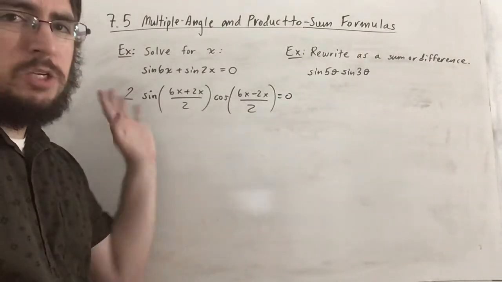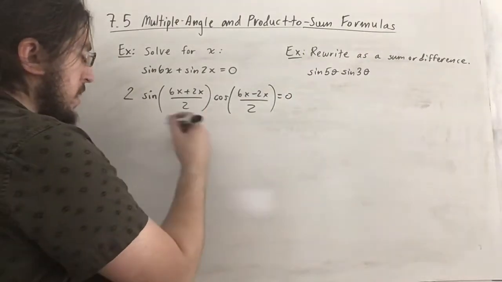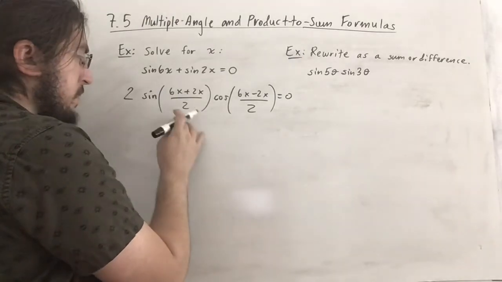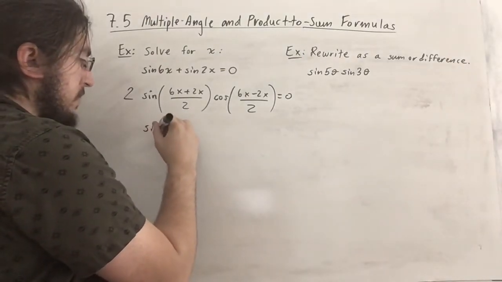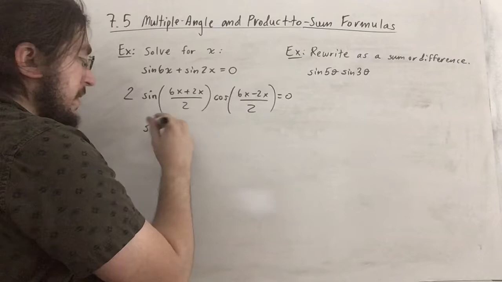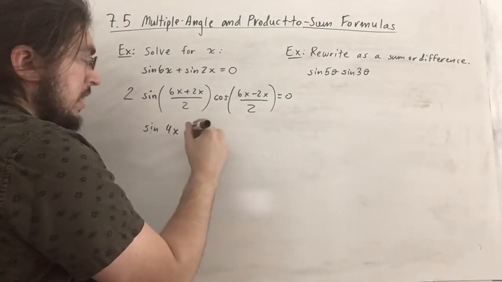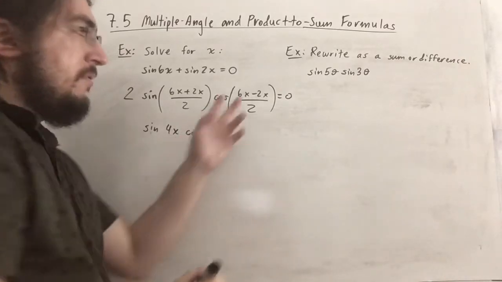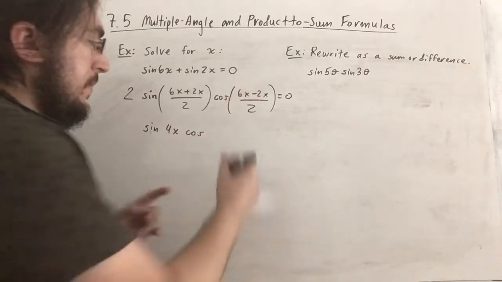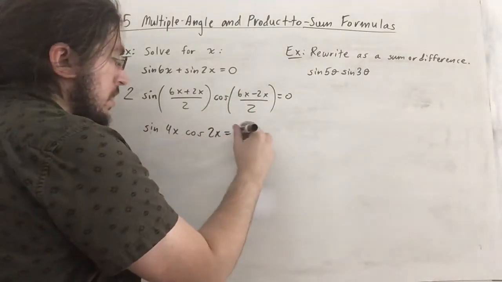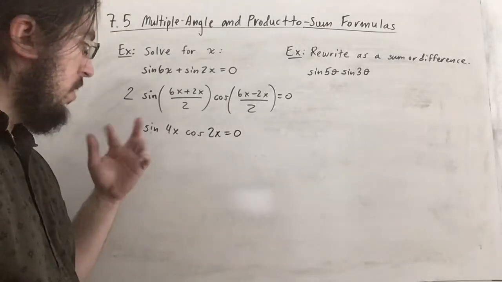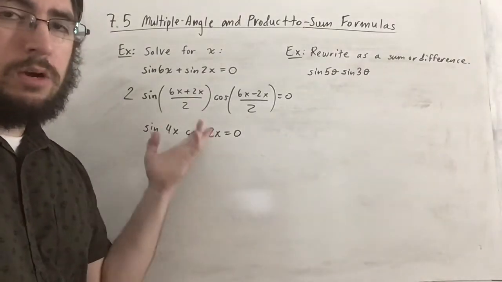Since it's times 2, we can divide both sides by 2, that's fine. And this is going to be sine of, well, the top is 8x, 6x plus 2x is 8x, over 2 is just 4x. And this will be cosine of the difference, 4x divided by 2 is 2x. All right, so either sine is 0 or cosine is 0.